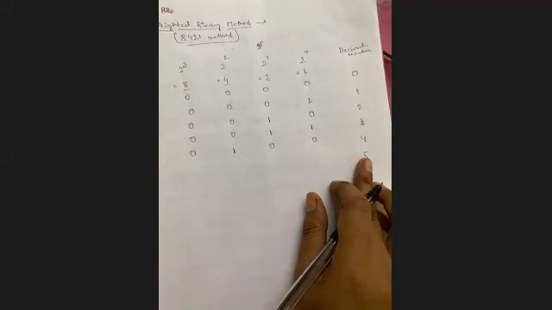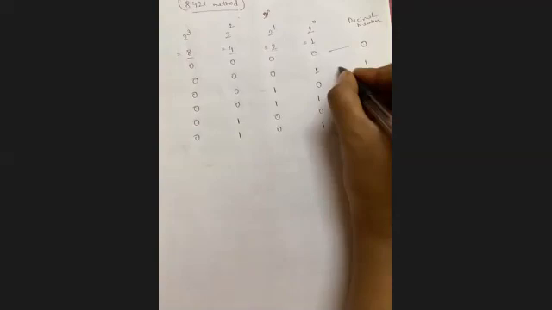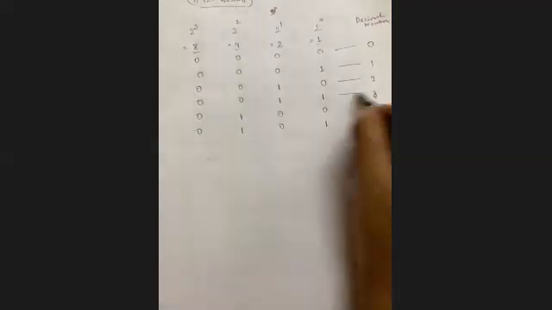4 के लिए डायरेक्ट यहाँ पे 1 लिख दिए, बाकी सब में 0. Next for 5, 4 plus 1 is 5, 4 and 1. Others are 0. Now for 6.